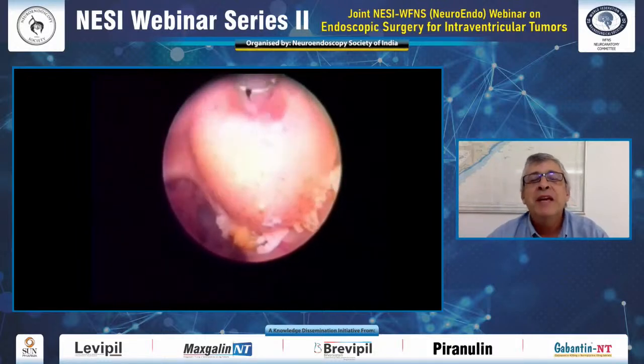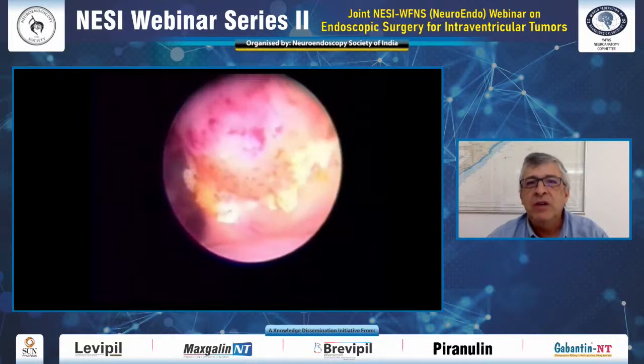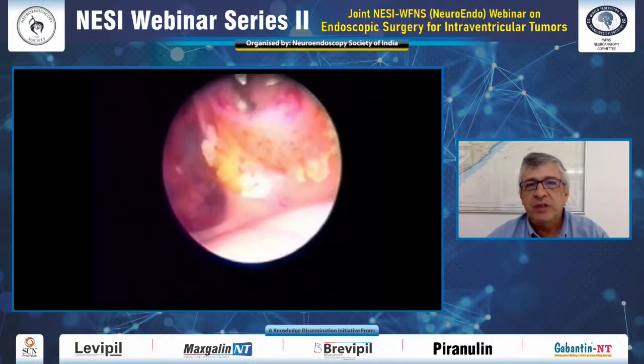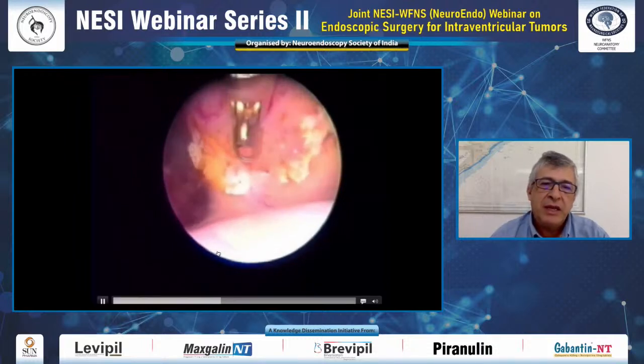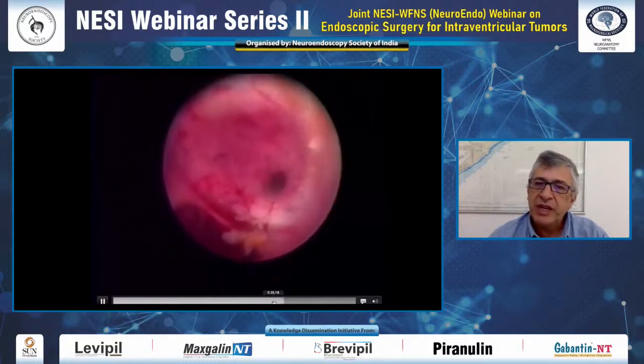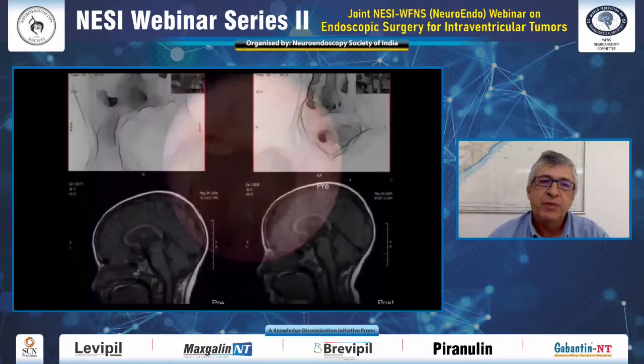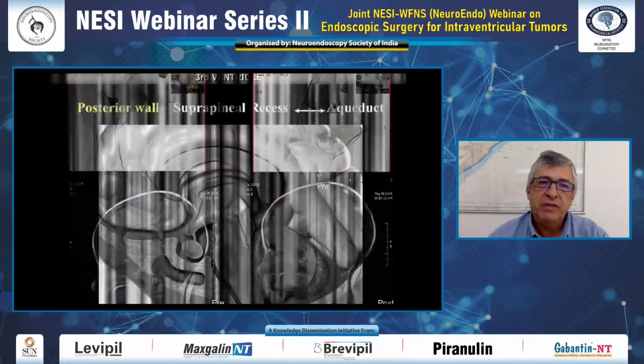It's a long time, but then it was possible to complete the resection of the lesion, restoration of the CSF circulation, and see the aqueduct, and here after complete resection of this brainstem tumor, exophytic to the mesencephalon, and the pre and post-operatively.